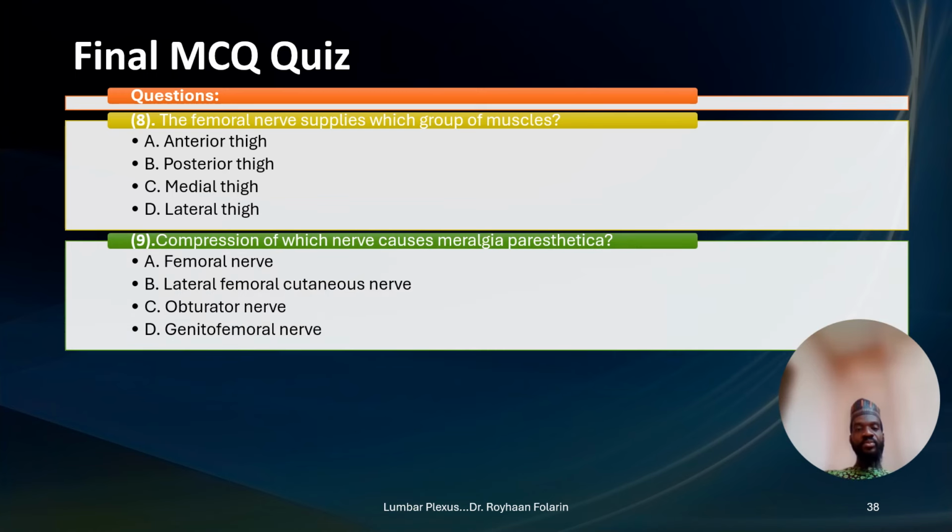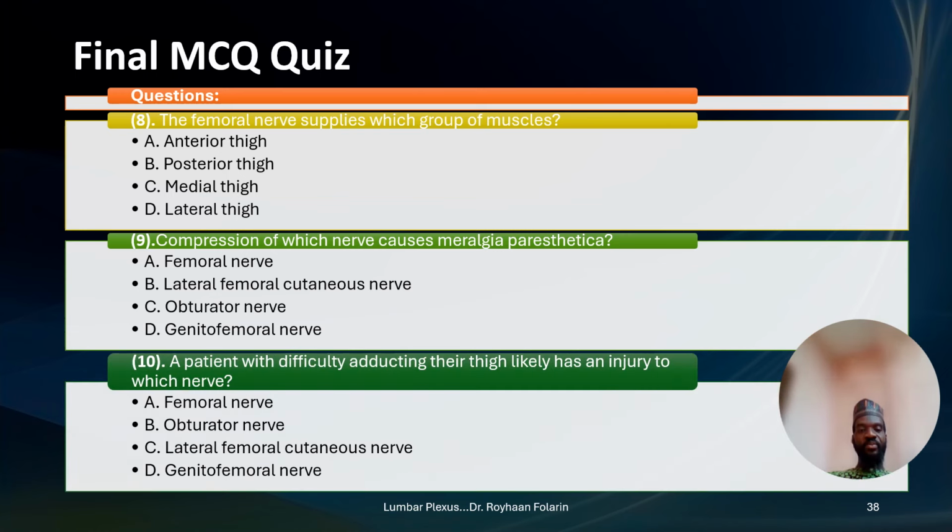The ninth question: compression of which nerve causes neuralgia paresthetica? The femoral nerve, the lateral femoral cutaneous, the obturator, or the genitofemoral nerve. And lastly, a patient with difficulty in abducting their thigh likely has an injury to which nerve: the femoral, the obturator, the lateral femoral cutaneous, or the genitofemoral nerve?